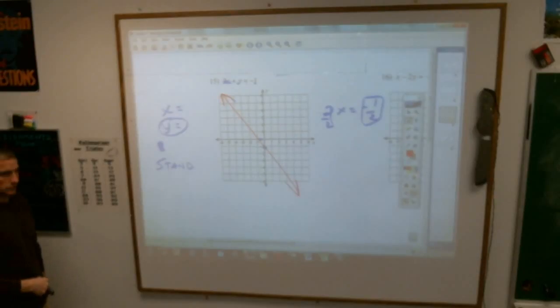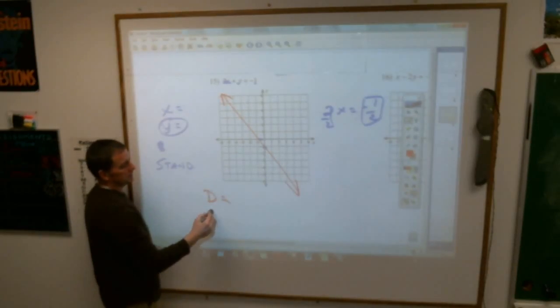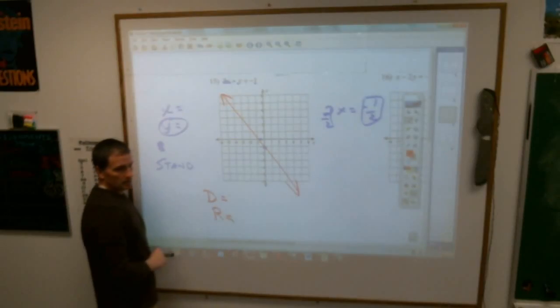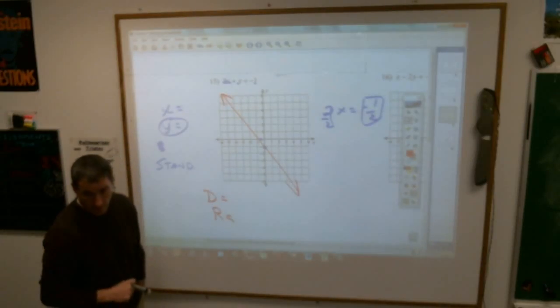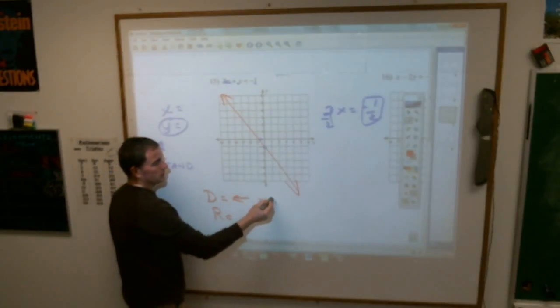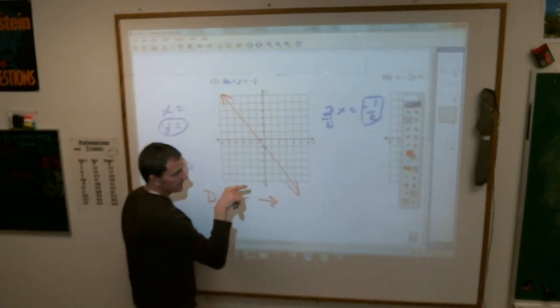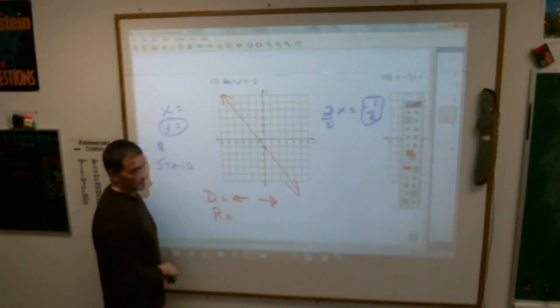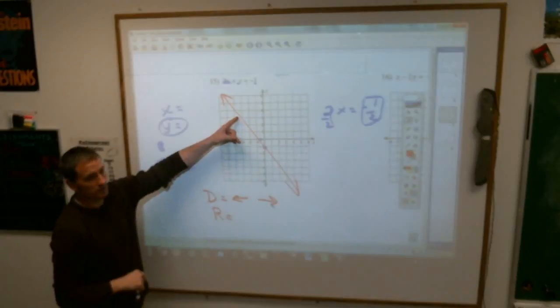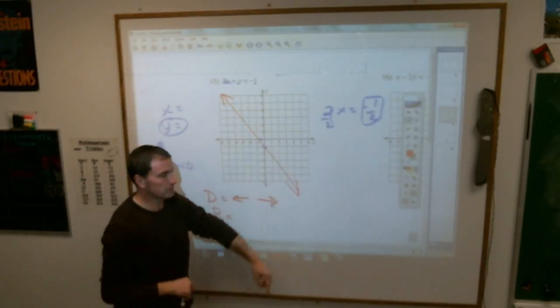And then Cameron's question was, what is the domain and what is the range? The domain is how far left and right it goes. How far this way does that line go? How far that way does that line go? Well, these arrows tell you what's going to happen, and it goes forever to the left, and it goes forever to the right.